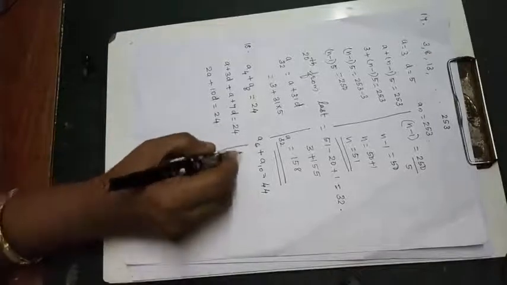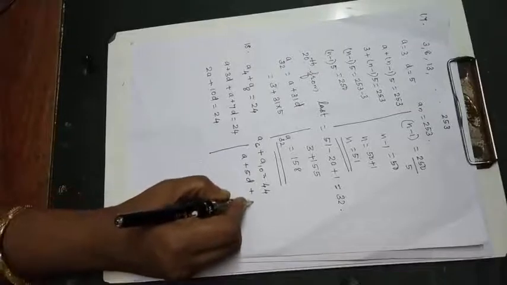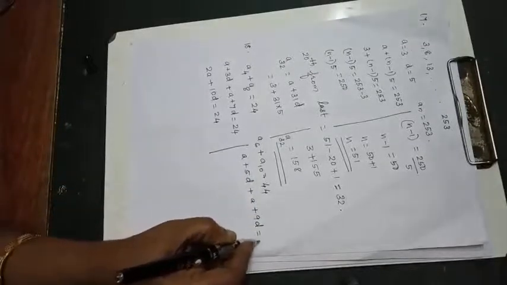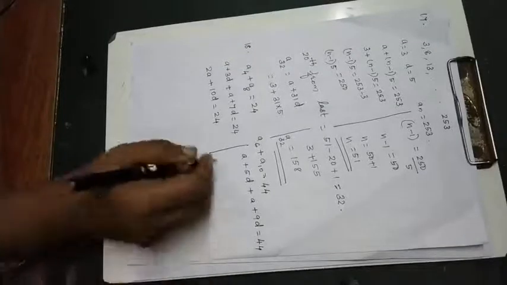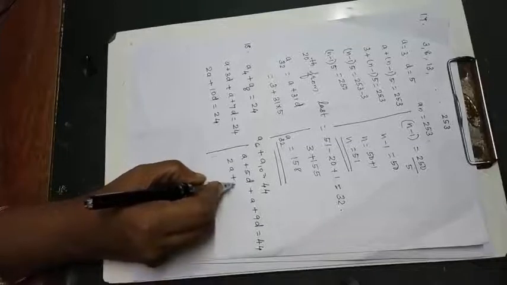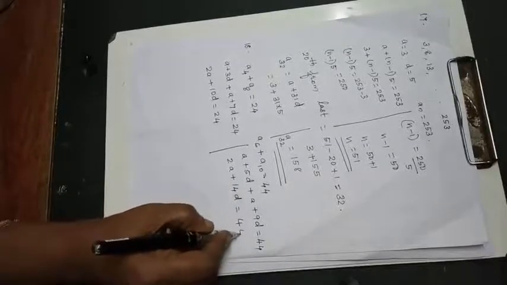Here it will come A plus 5D, then here A plus 9D, that is equal to 44, or 2A plus 14D equal to 44.